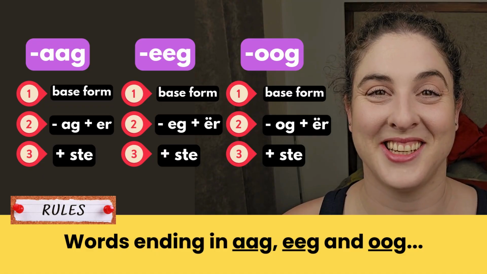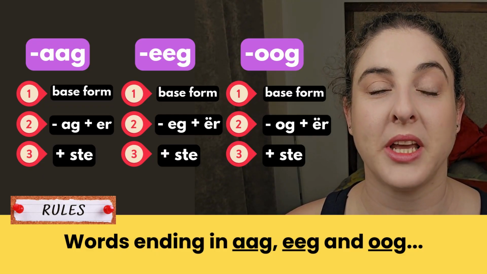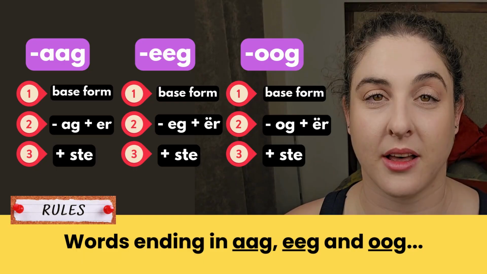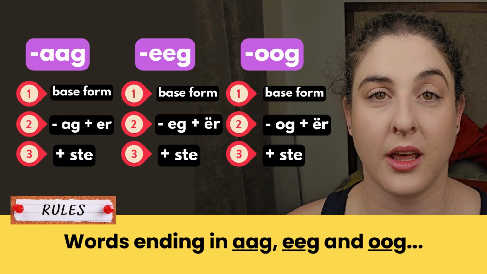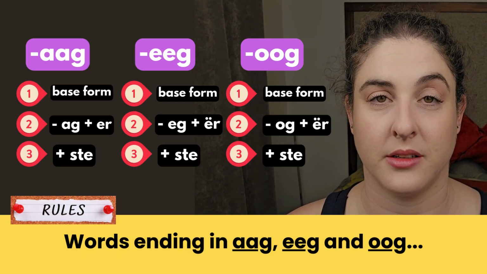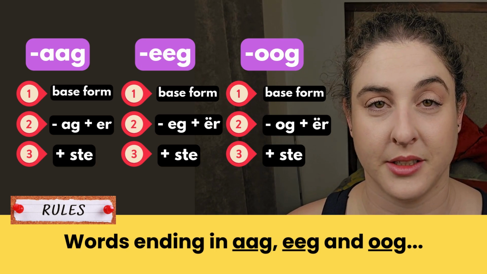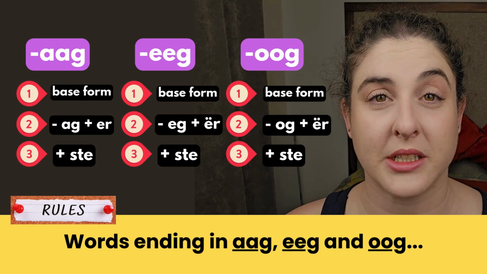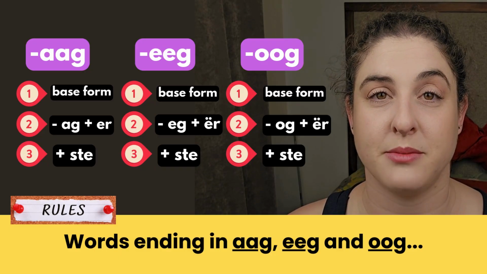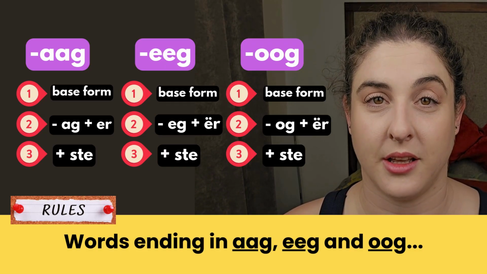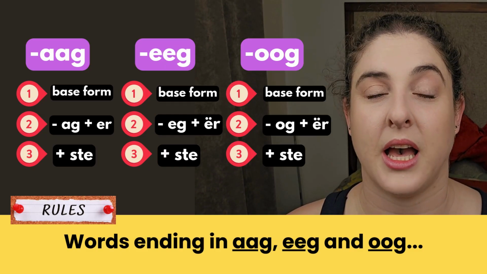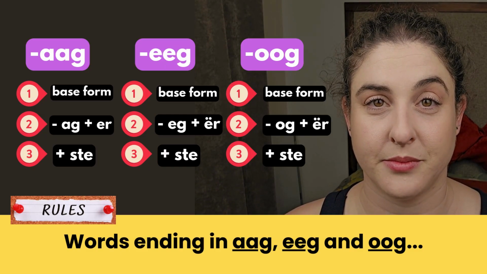So it's the doikie e. So you take ach away or ech away and you add doikie e plus r. Right, and then for oog, step 2 is minus och plus, again, doikie e and r.